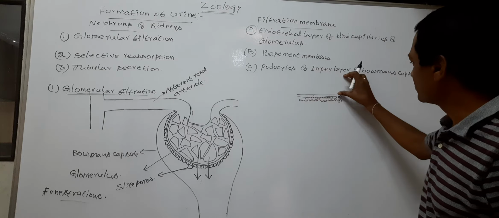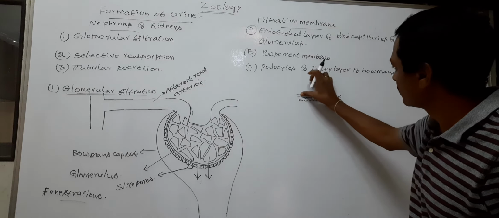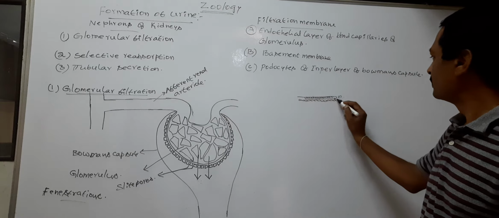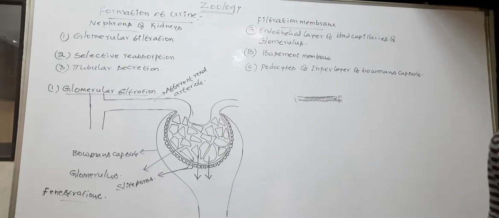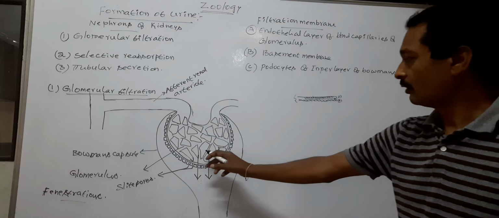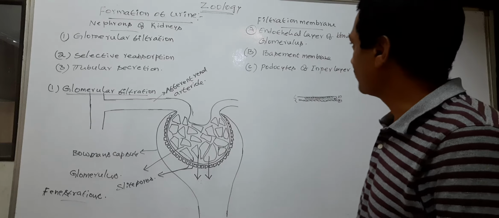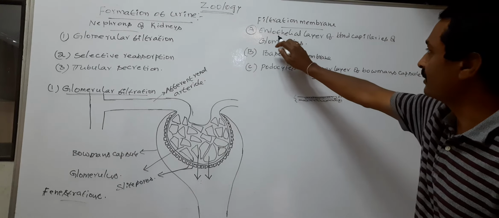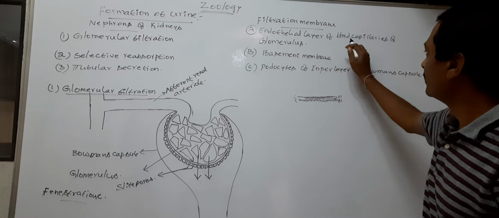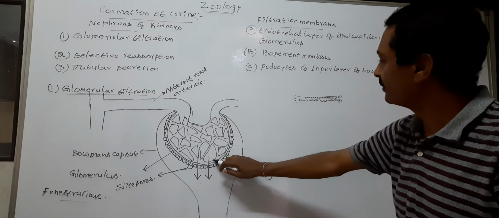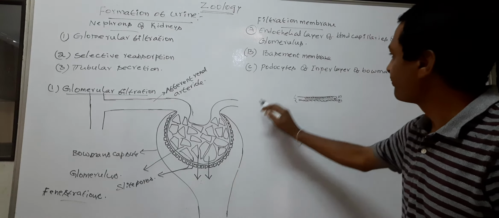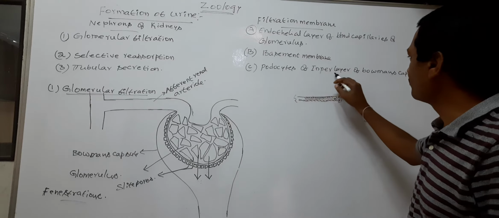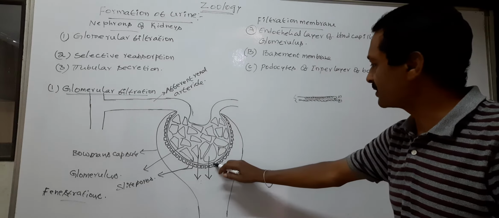So the filtration membrane between the glomerulus and Bowman's capsule is made by three layers, namely the endothelial layer of the blood capillary of the glomerulus, next the basement membrane, next the podocytes of the inner layer of Bowman's capsule.